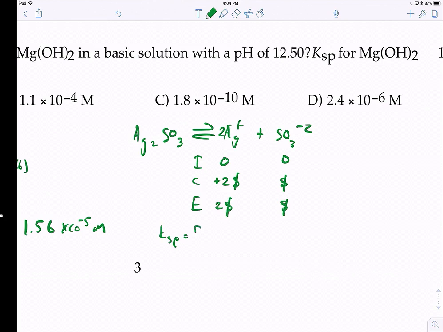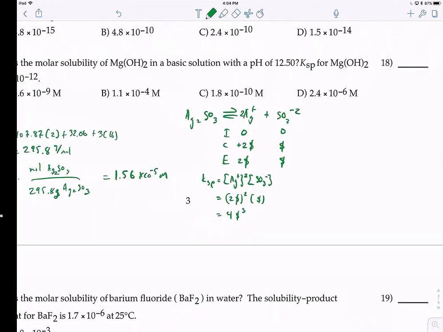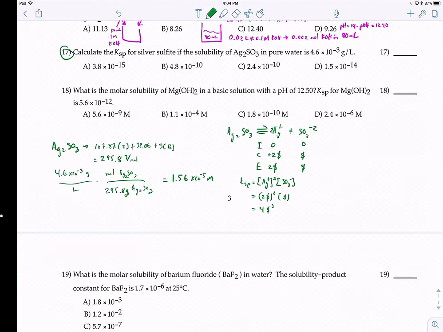Ksp is going to be silver ion squared times the sulfite anion, so 2s squared times s equals 4s cubed, and this s is the molar solubility. Then you take that number, multiply by 4 and cube it, and you get the answer. The difficulty here is probably converting grams to moles.